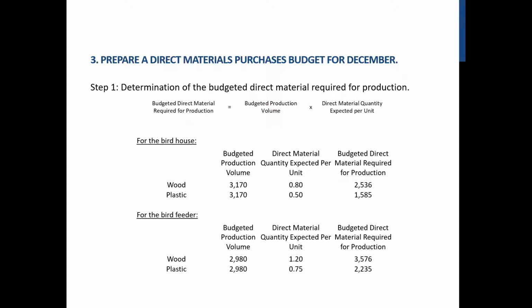By using the formula, we will derive the budgeted direct material required for production for the bird house for wood as 2,536, for plastic 1,585. For the bird feeder wood, it's 3,576, and for plastic, it's 2,235.